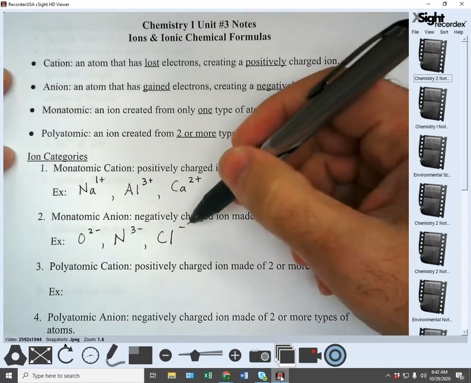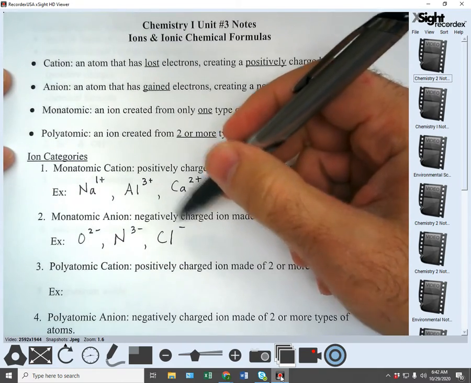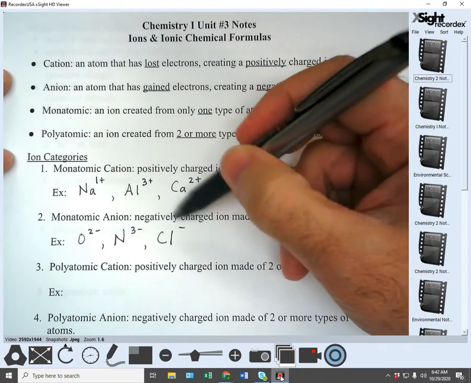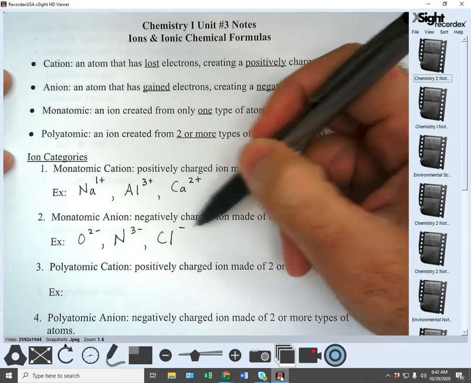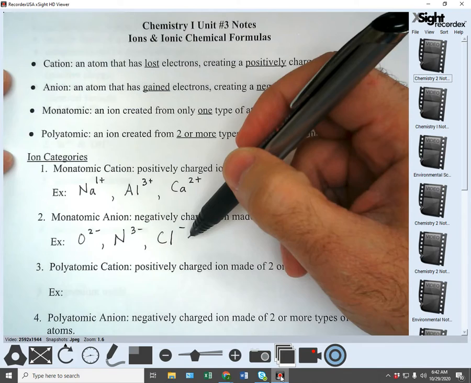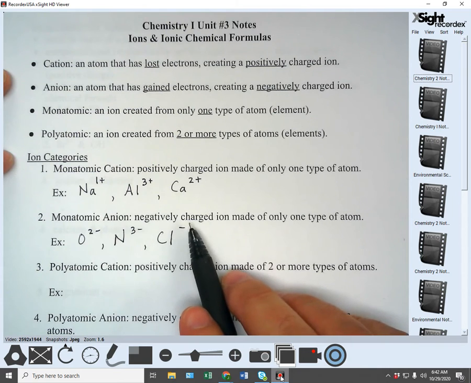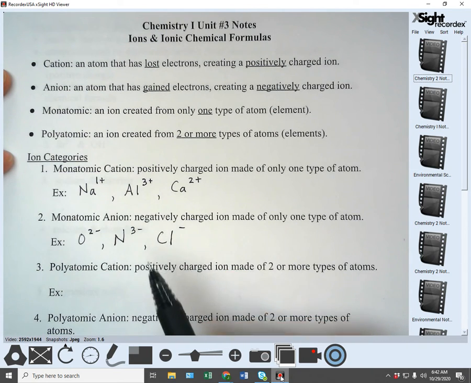By the way, sometimes you'll see both the positive one and the negative one without the one on it, just with the plus or the negative symbol. If you ever see an ion with a charge, it's a positive or a negative, and there's no number by it, that just means it's one.